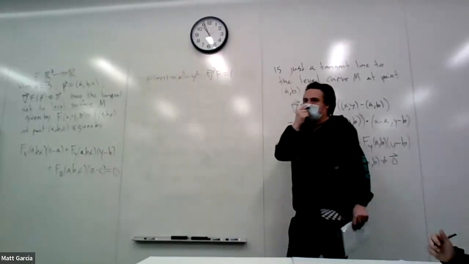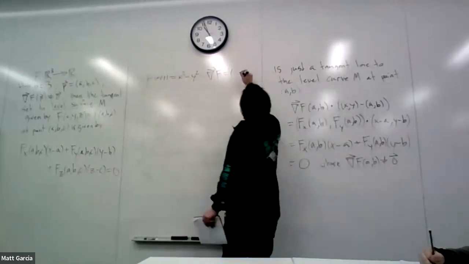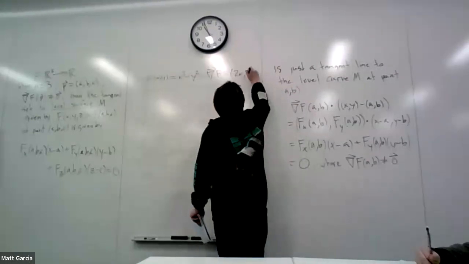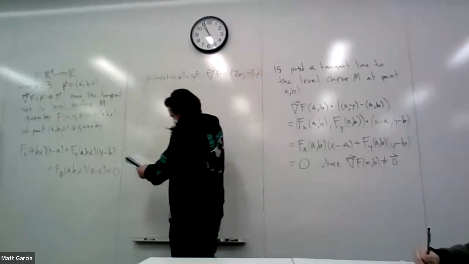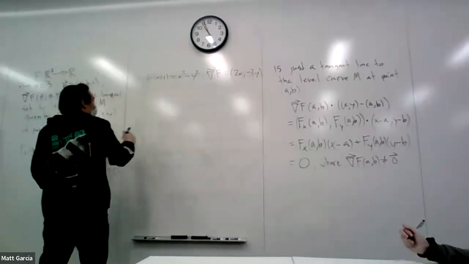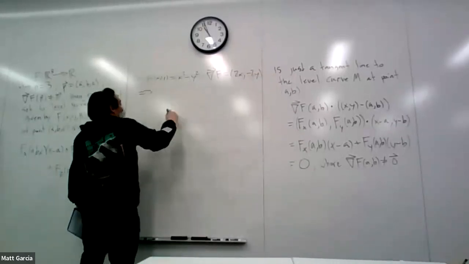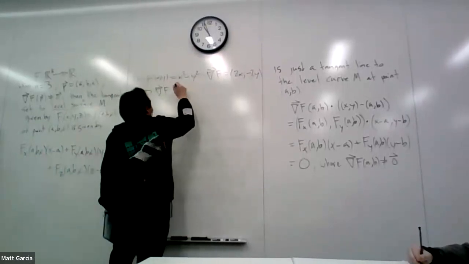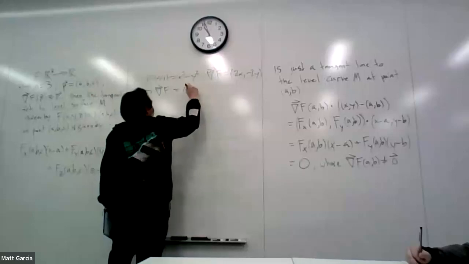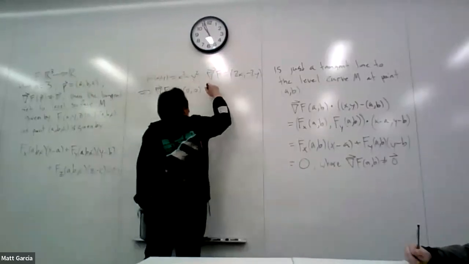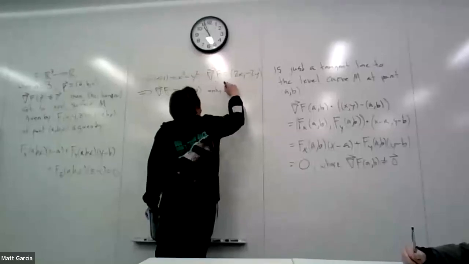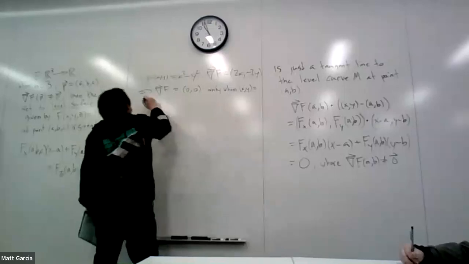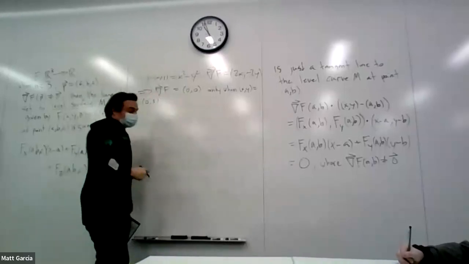What do we got here? 2x, comma, what's the derivative of y squared? Yeah, negative 2y. So this implies the gradient of f is equal to the 0 vector only when x comma y equals 0 comma 0.